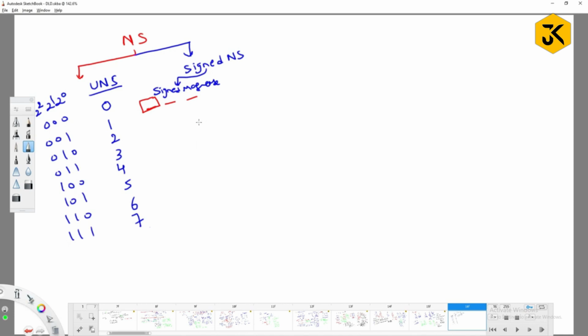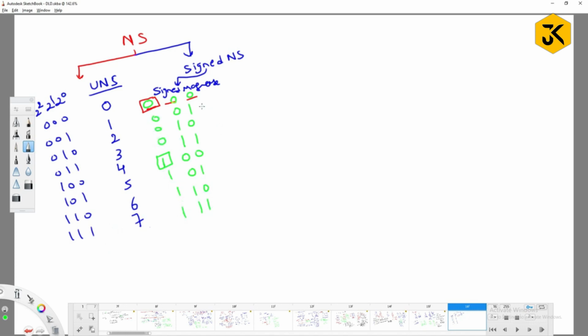Maximum 4 values you can generate, from 0 to 3. So 00, 01, 10, 11. Right, here in place of this one, I can place either 0 or 1. If I place 1, again 00, 01, 10, 11.